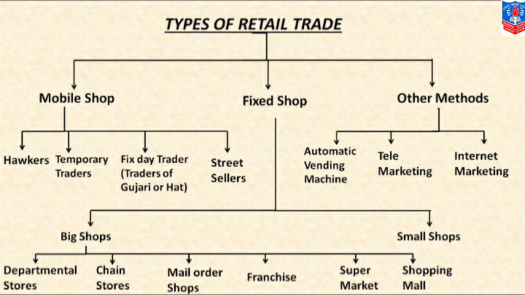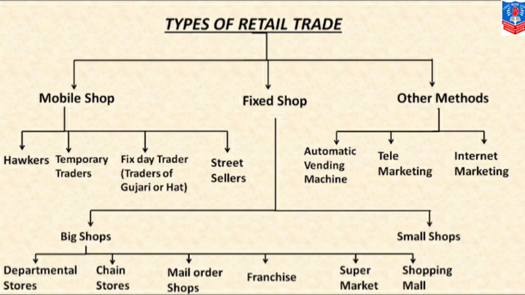Now children, we will start types of retail trade. It is divided into three: mobile shop, fixed shop and other methods. Mobile shop is again divided into four parts: hawkers, temporary traders, fixed rate traders, and street sellers. Fixed shop is again divided into big shop and small shop.